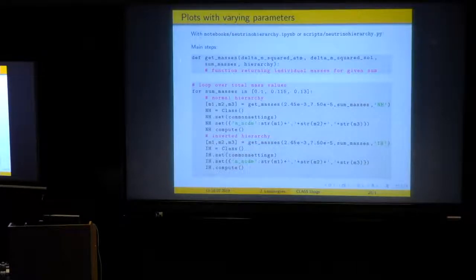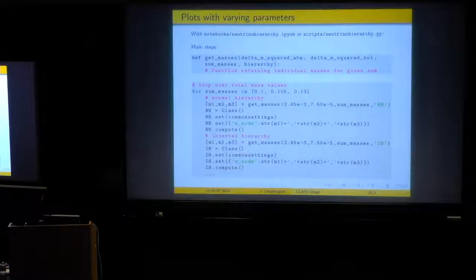I assume, well, I don't assume, the notebook contains a function, get masses, which takes as an input the delta m square atmospheric and solar, the total mass, and the hierarchy. And for these parameters, it will spit out 3 different values of the mass. So the hierarchy can be set to normal hierarchy or inverted hierarchy.